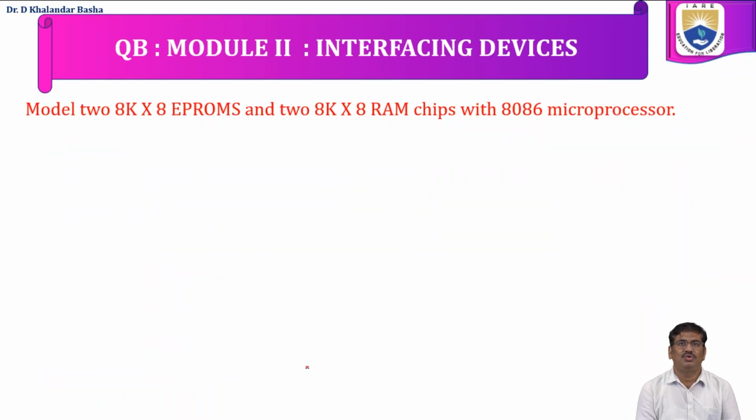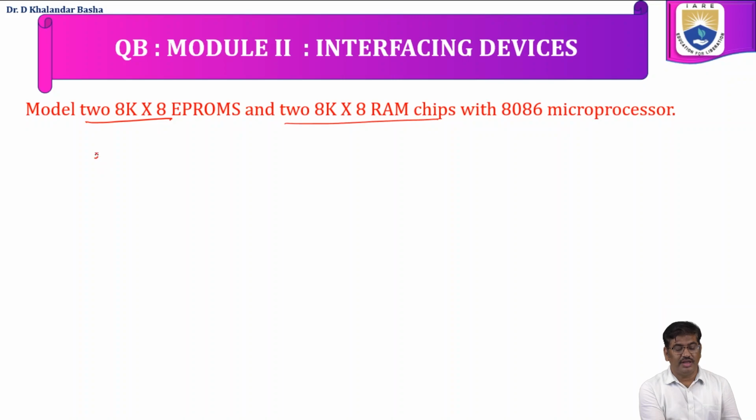Next, model two 8K cross 8 EPROMs and two 8K cross 8 RAMs with the 8086 processor. Here, they are given two EPROMs and two RAM chips. We want to interface these memory blocks with the 8086 processor.